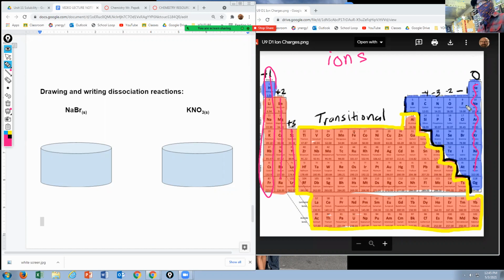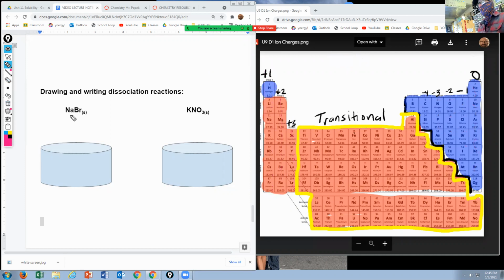These over here don't have a charge. Fluoride, chloride, bromide, those would all be -1s. Those would all be -2s. Nitrogens would be -3s, phosphide, all the way down until you got to that line, right? And so these would be the charges of these elements. And we talked about them before. So let's take a quick look.